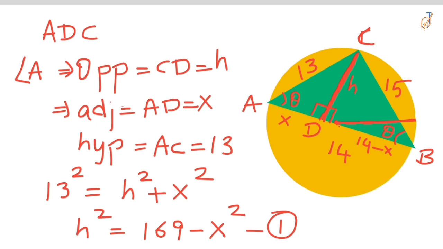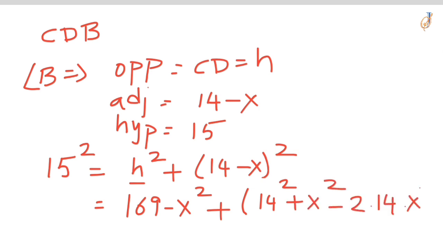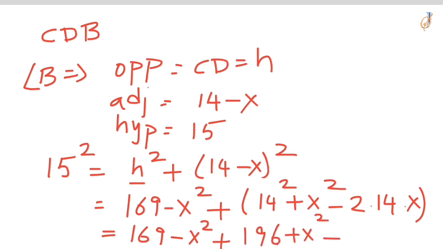In the first equation, we have H square in X terms. So let's expand this (A minus B) whole square form, which is A square plus B square minus 2AB. So that is equal to 169 minus X square plus 14 square, which is 196, plus X square minus 2 times 14, which gives 28X. Here minus X square plus X square gets cancelled.